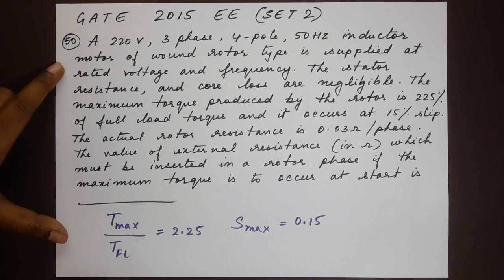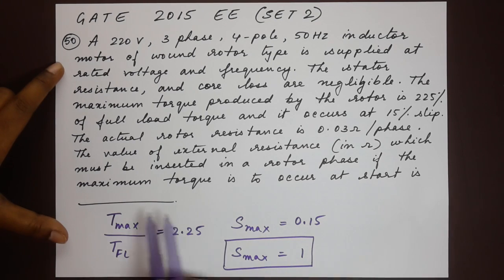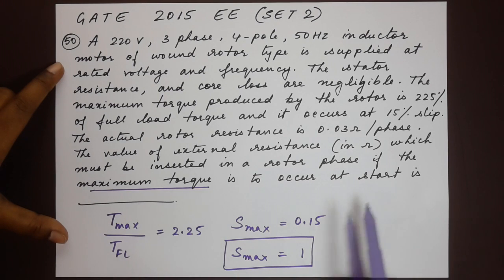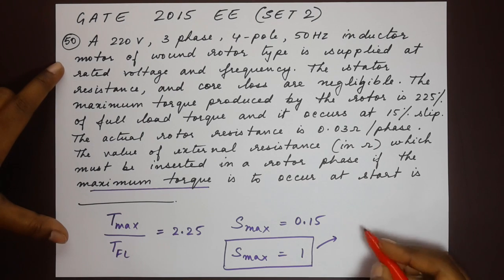Now, in order for the torque to be maximum at starting, we need the slip to be equal to 1. This is important. The slip has to be equal to 1 in order for the torque to be maximum at start. I'll note this point down here.